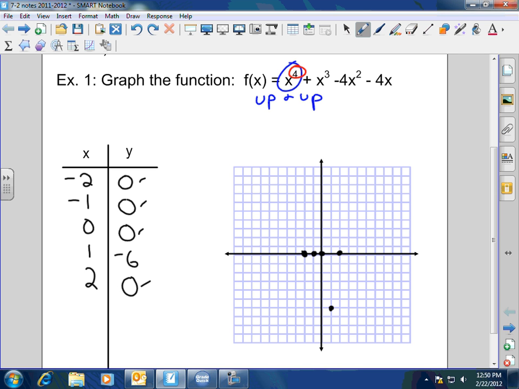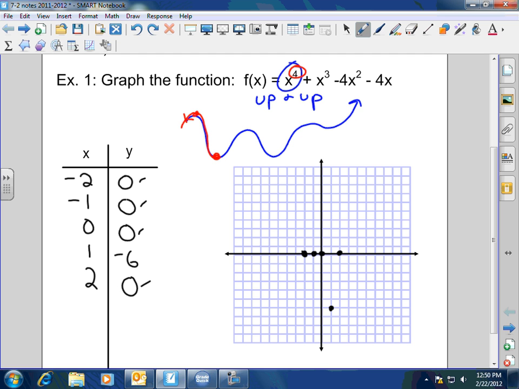Now, how do we put this all together? Well, there is a location principle that states that between the zeros of any polynomial function, there is a turning point. A turning point is the curve. This is a turning point because I was going up, but now I'm turning down.